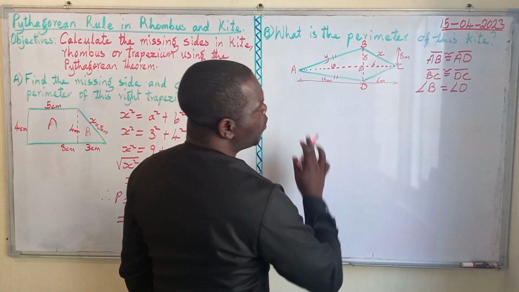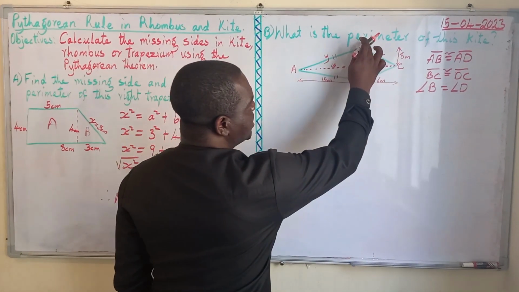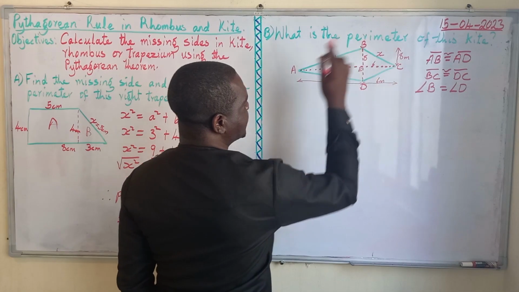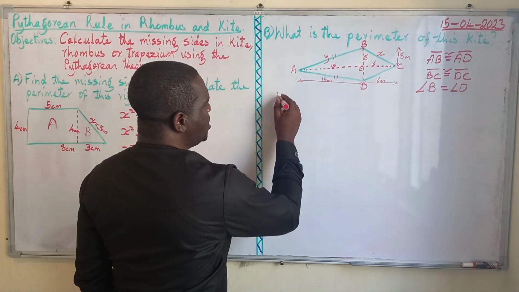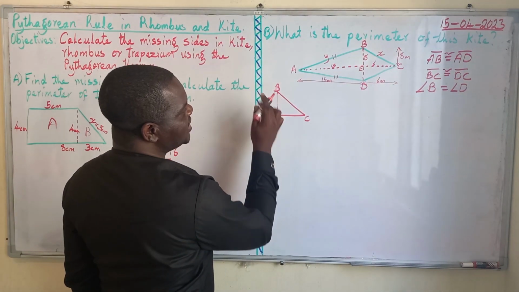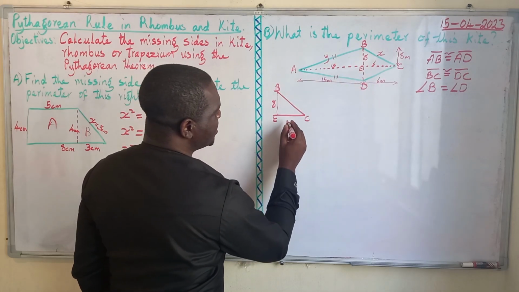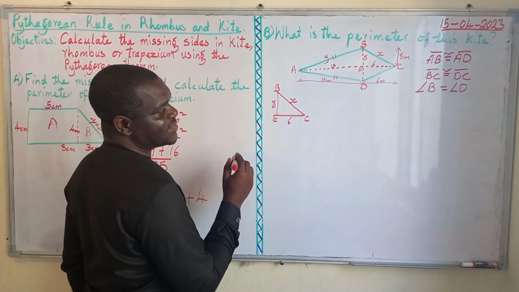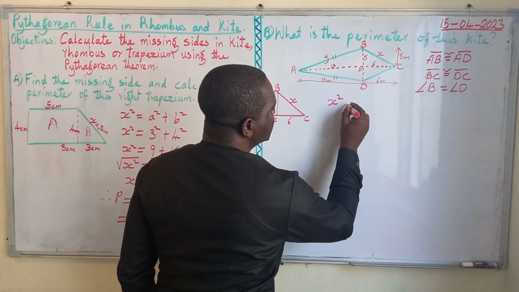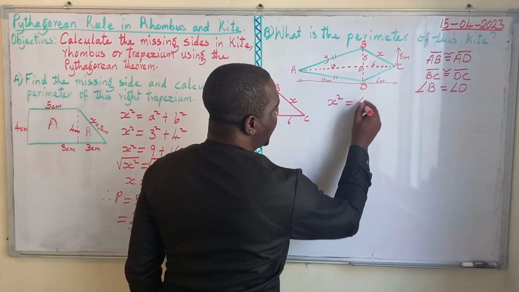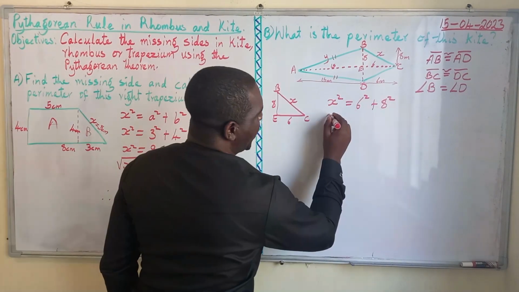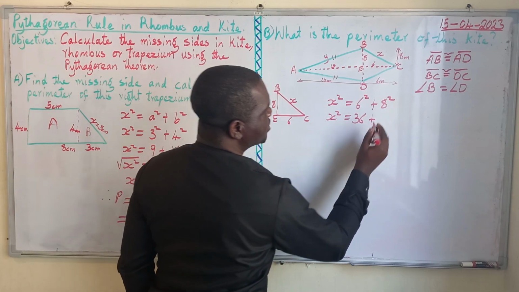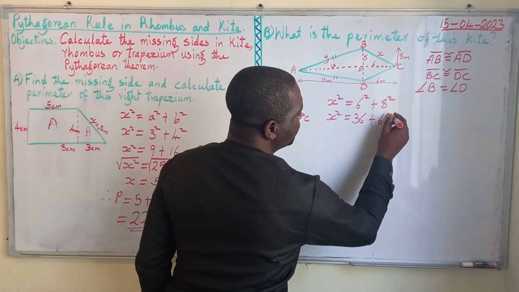So let's go one after the other and extract the triangle BEC and solve for x. Triangle BCE. Our height here is 8 and the base is 6. So we are asked to calculate the hypotenuse, which is x. And we know that x squared is equal to 6 squared plus 8 squared. X squared is the same as 6 squared is 36 plus 8 squared is 64.